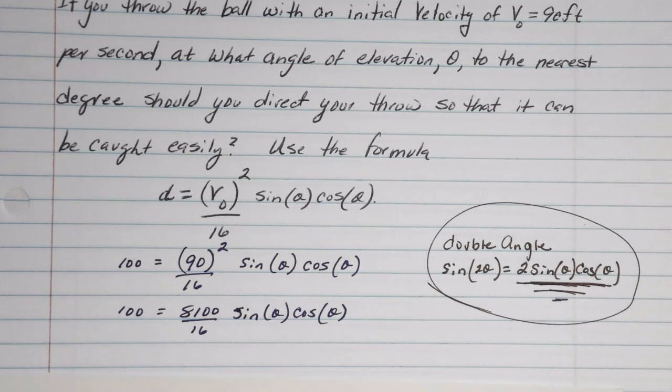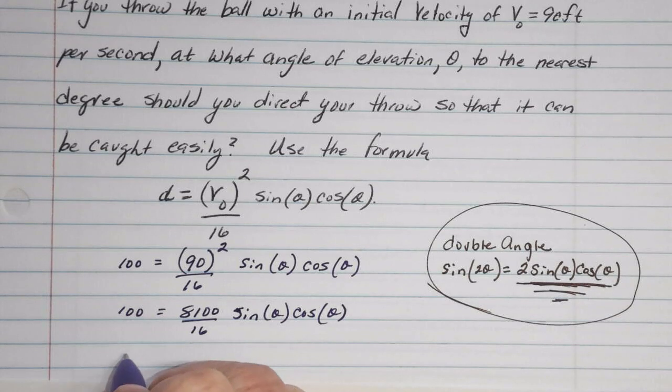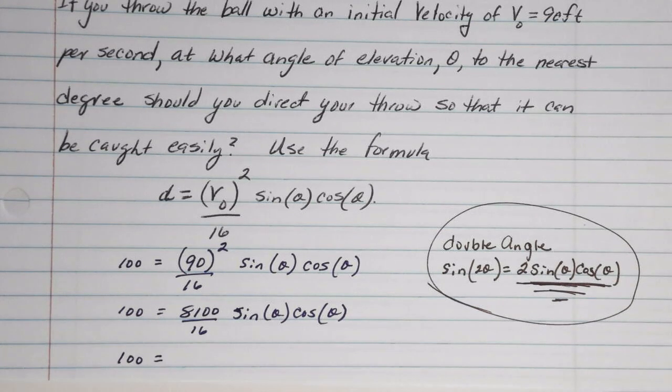So when we're looking at this, we want to factor out a 2 so that we can leave the 2 here and then move everything to the other side. So 8100 divided by 2 is 4050.